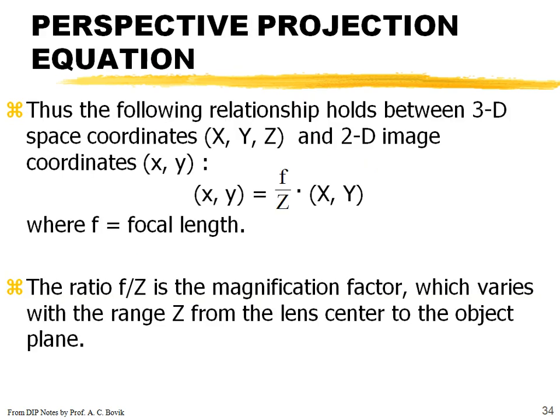This f divided by z will be a constant scale factor. We typically refer to it as the magnification ratio. Okay. It's a magnification ratio that basically scales objects in the 3D world onto the 2D imaging plane. It's a very simple relationship between 3D objects and their 2D projections.